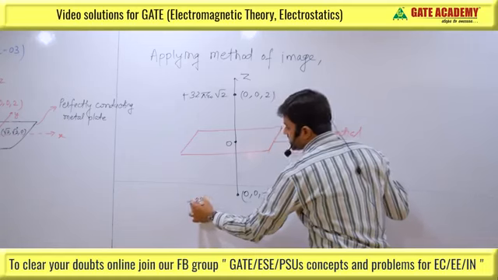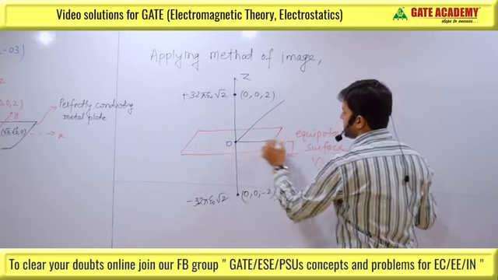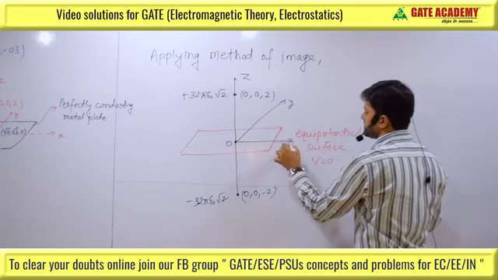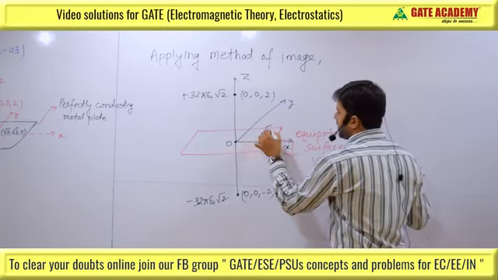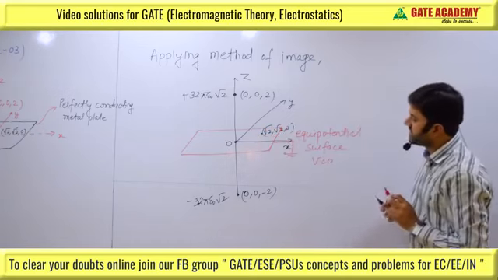That means minus 32 pi epsilon naught root 2. This is y, this is x, and at this point (root 2, root 2, 0) we have to find the electric field.